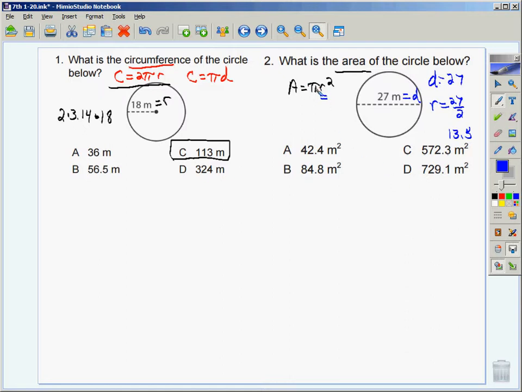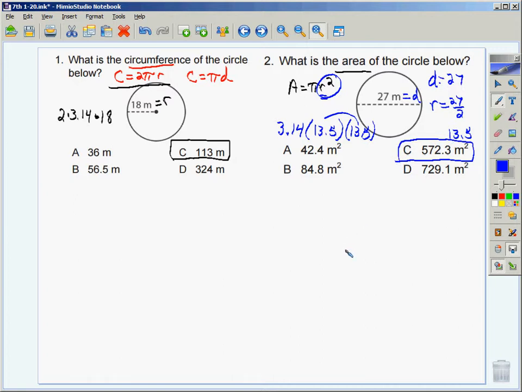So when I plug that into the formula, it's going to be 3.14 times 13.5 times 13.5, because this is what it means to be squared, not to multiply it by 2. And the correct answer for this one would have been C.